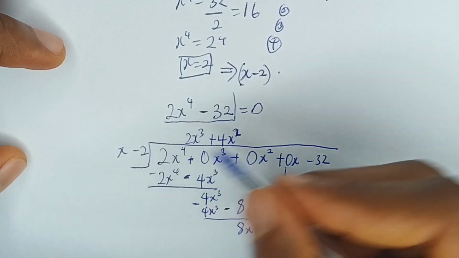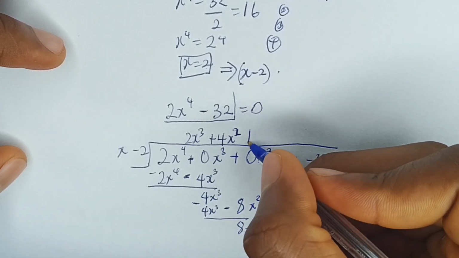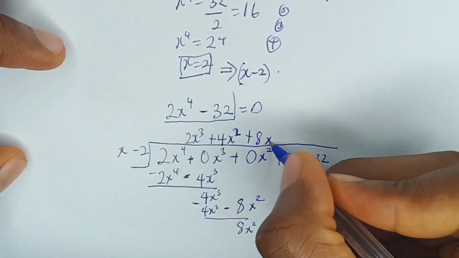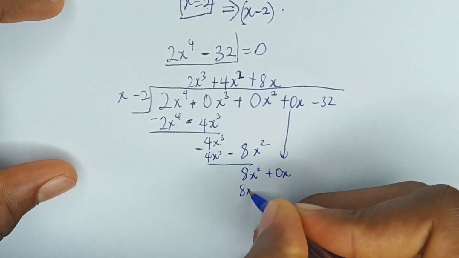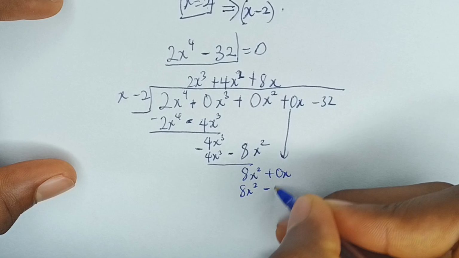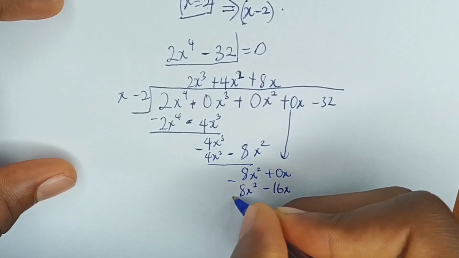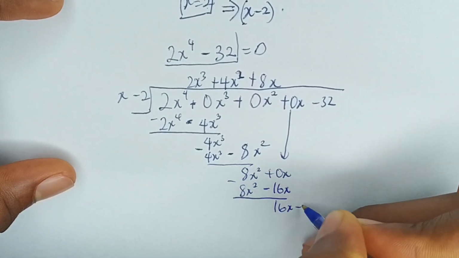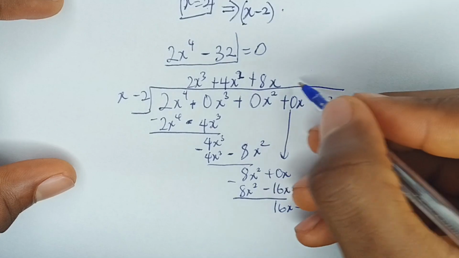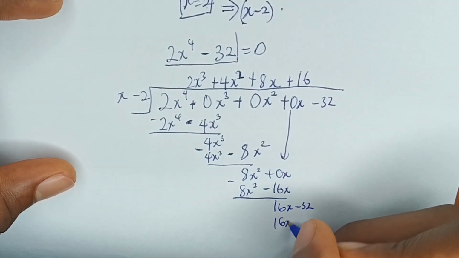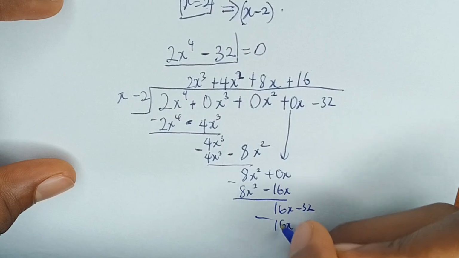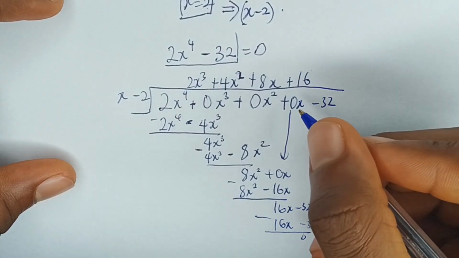Alright, dividing again, we have plus 8x, and then we have 8x squared minus 16x. Subtracting, we have 16x minus 32. When we divide, we have plus 16, and then we have 16x minus 32, where we subtract and we get 0.